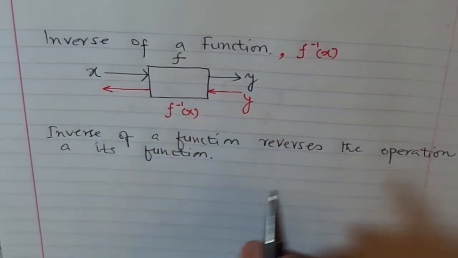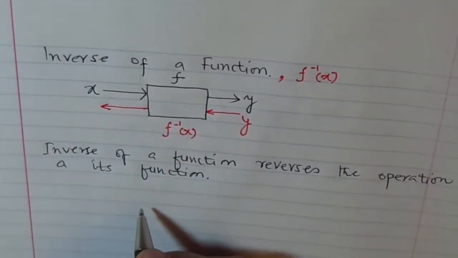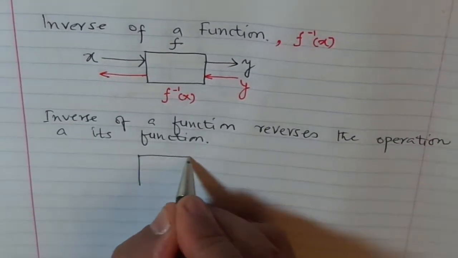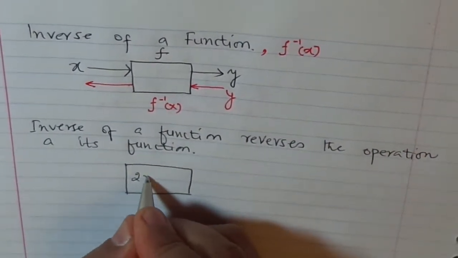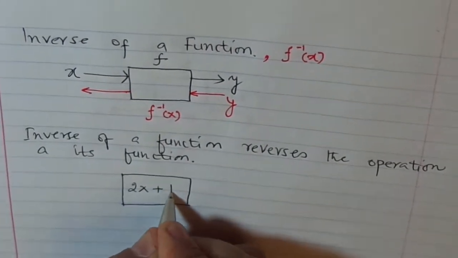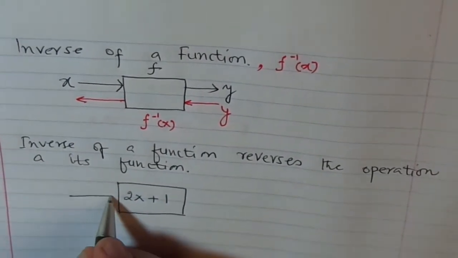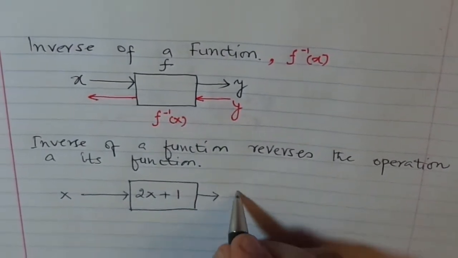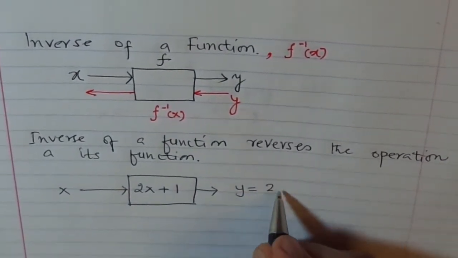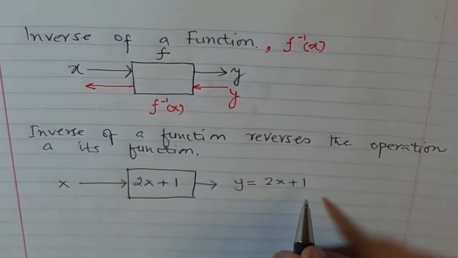Now, let's take a concrete example. Let's say this machine performs the operation 2x plus 1. If the input is x, the output y equals 2x plus 1.